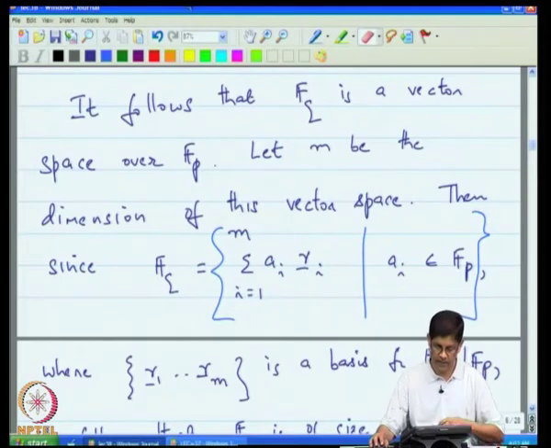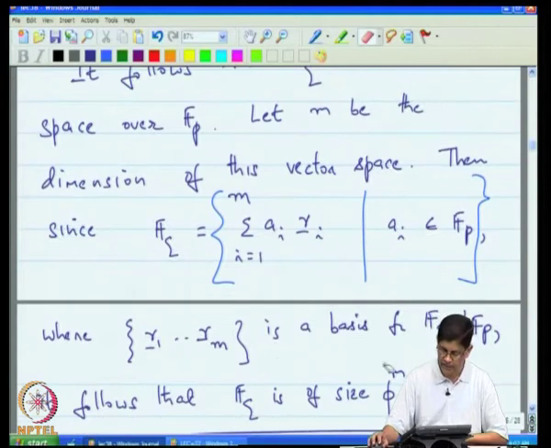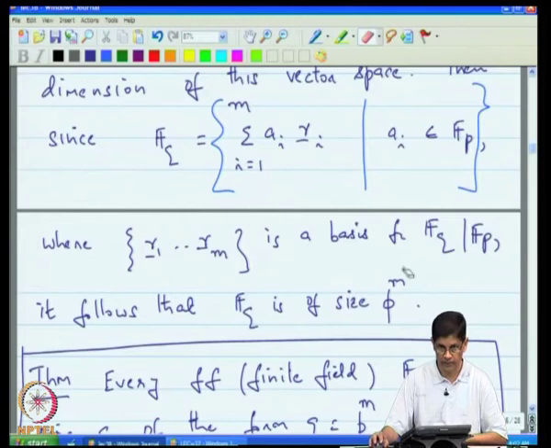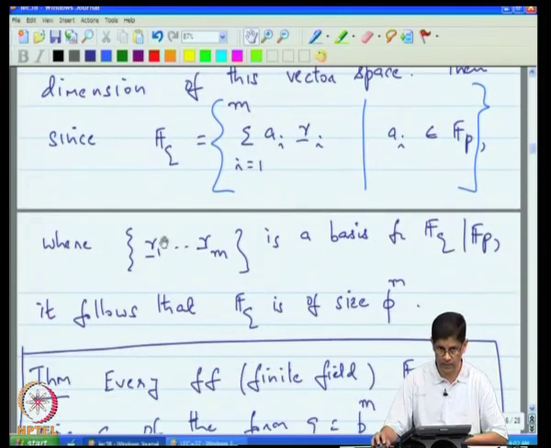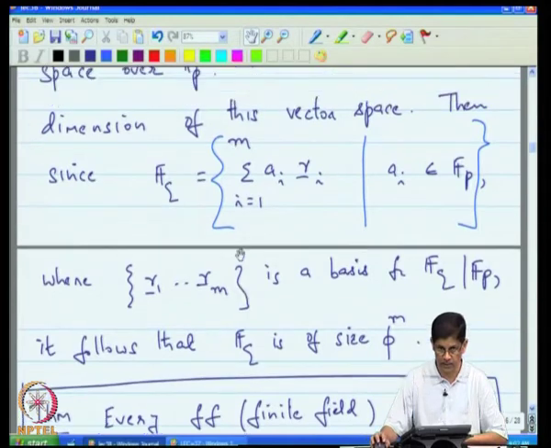That is, you can take a basis for this vector space over this field, and let that basis be gamma 1 through gamma m. So, I am letting m denote the dimension of this vector space, that is why the basis has m elements. The property of the basis tells us that every element in the vector space has a unique expression as a linear combination of the basis elements.